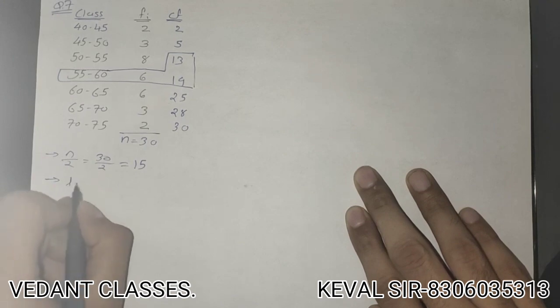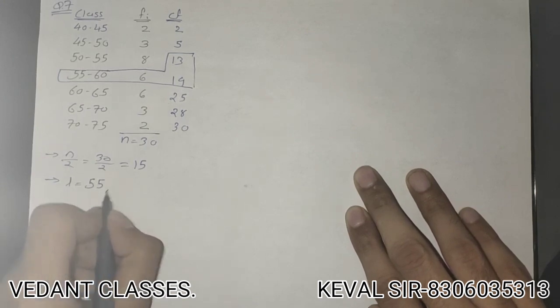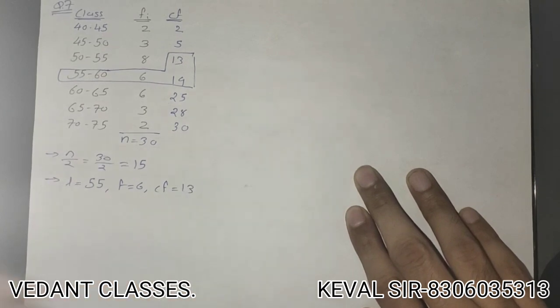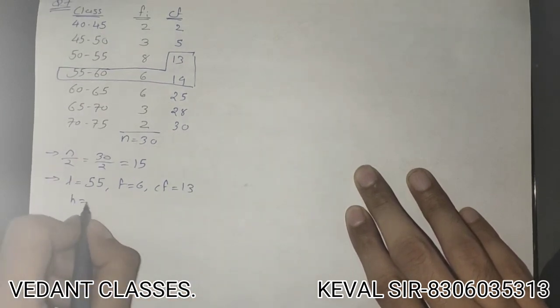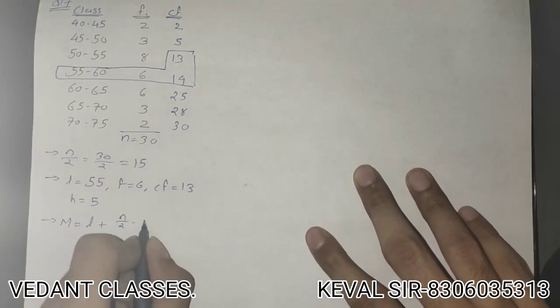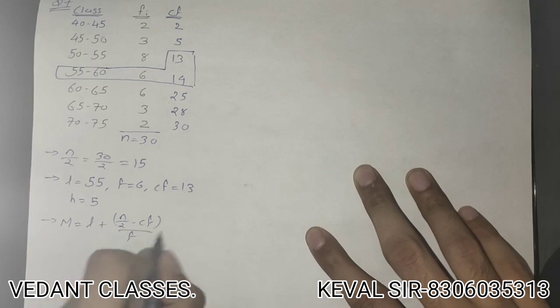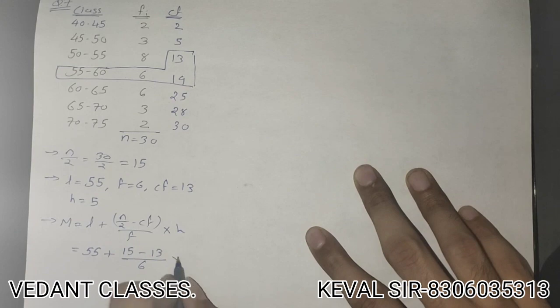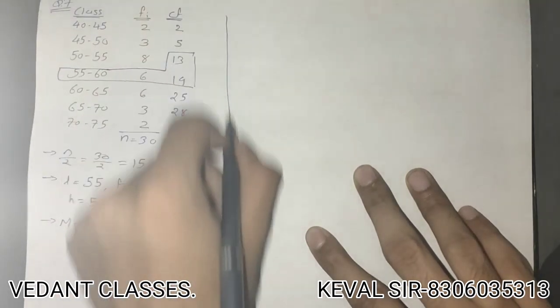Okay, so let's note down all the values. L will be 55, F will be 6, CF will be 13, then H will be 5. Let's write the formula. M is equal to L plus n by 2 minus CF upon F into H. So the value of L is 55, value of n by 2 is 15, value of CF is 13, value of frequency is 6, and value of H is 5.